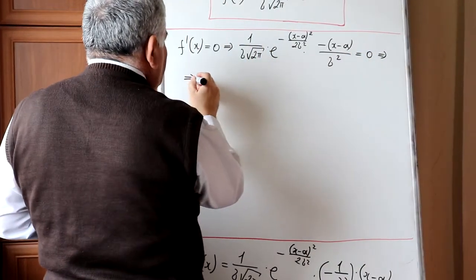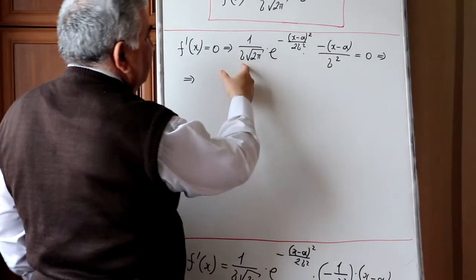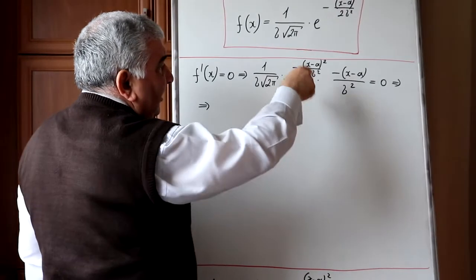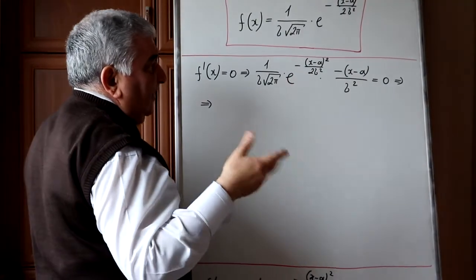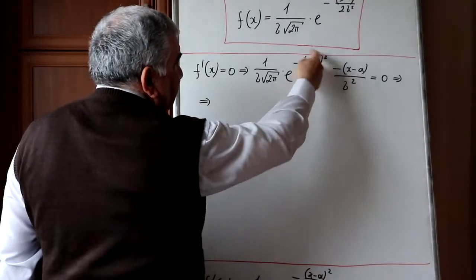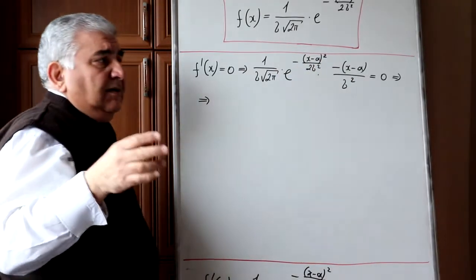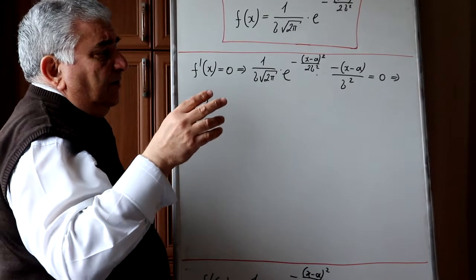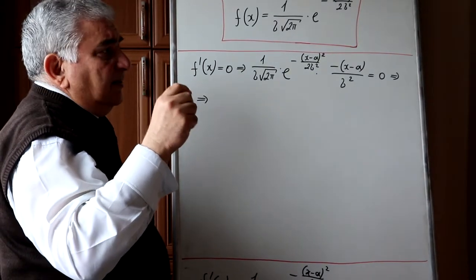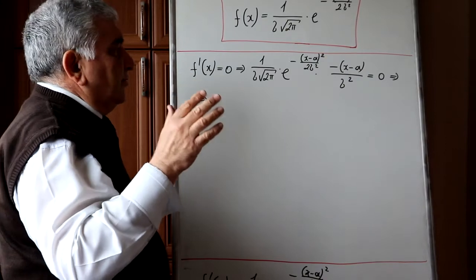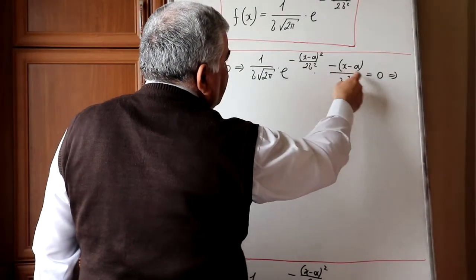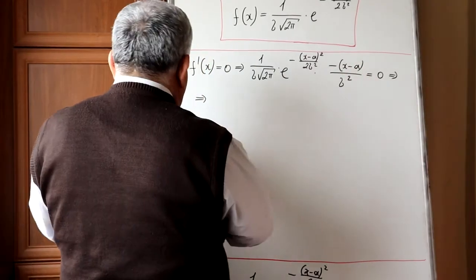Here 1 over sigma multiplied by square root of 2 pi and 1 over sigma squared are the constant values, and exponential function has only the positive values. Therefore, only the expression minus x minus a can be equal to 0.